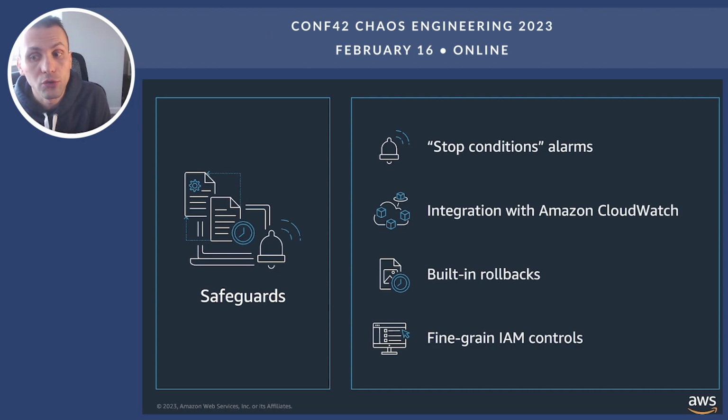You can also control what type of faults can be used and what type of resources can be affected, using tag policies. So for example, only instances with environment test can be affected, nothing else. You don't allow anything else to be affected by Fault Injection Simulator.